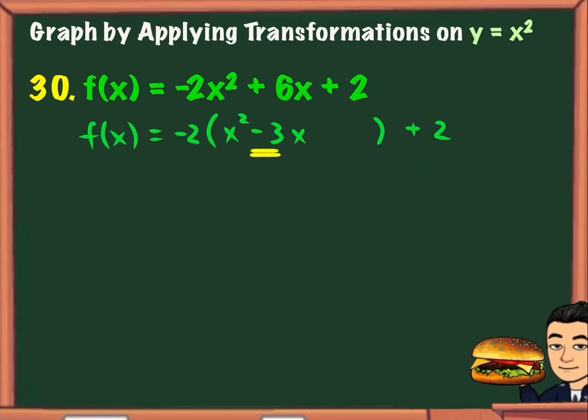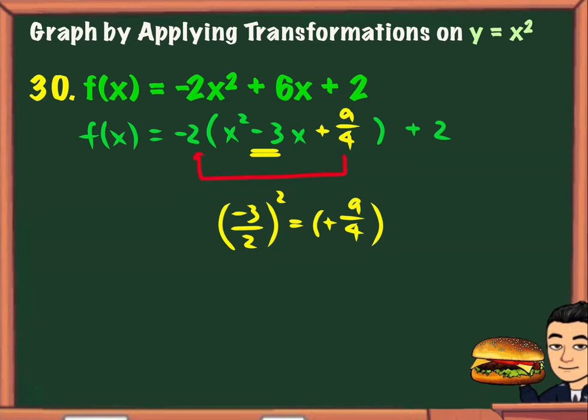Now I'm going to use the b value, which is -3. You want to divide it by 2 and you square it. This is going to equal positive 9 over 4. So you want to insert positive 9 over 4 here, and outside, knowing that this is technically subtracting -2 times 9 over 4, so this is basically -9 over 2.